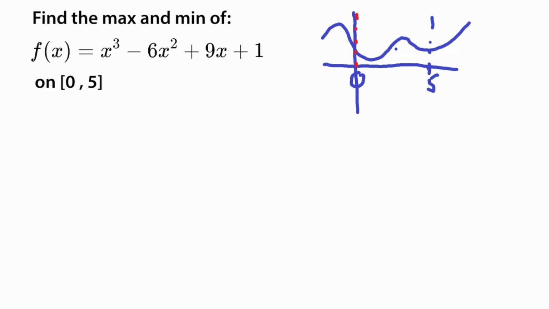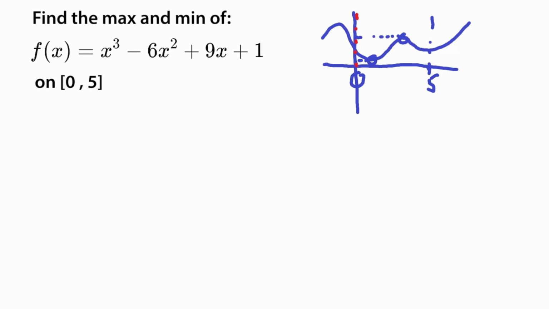The maximum in my theoretical sketch is here, right? This is the highest where the graph goes, and then our lowest value, we want to find this value here. So how do we go about and do that?